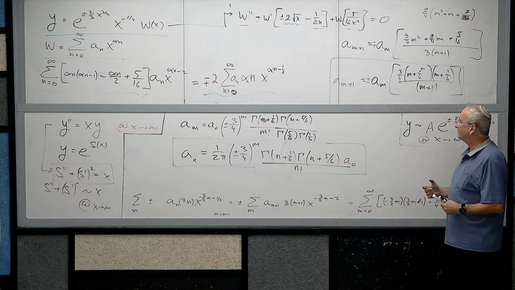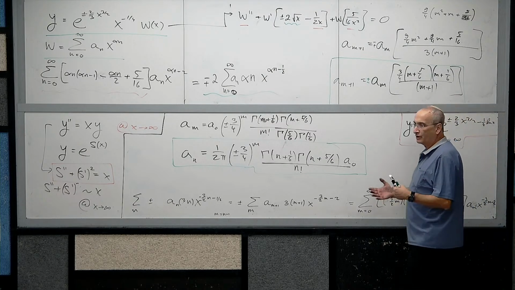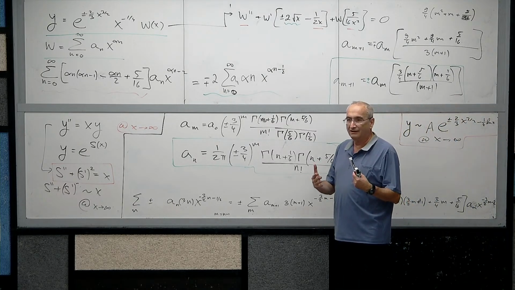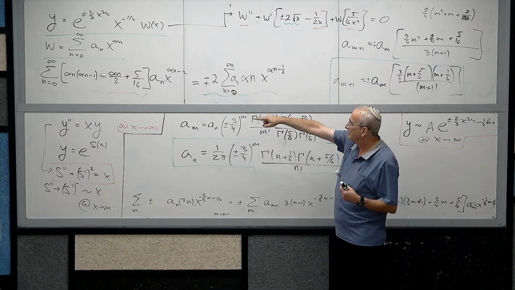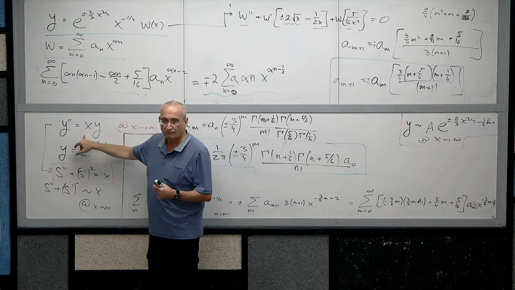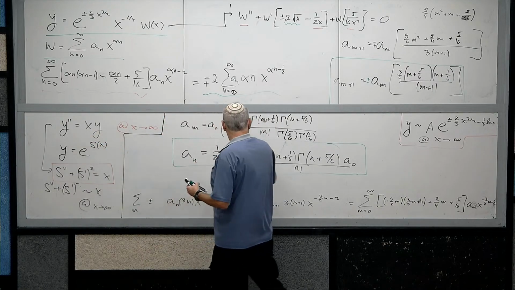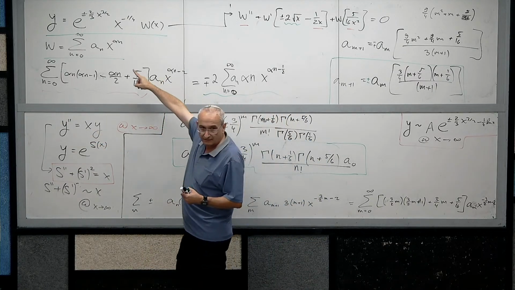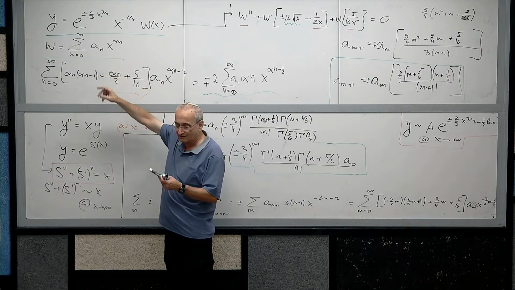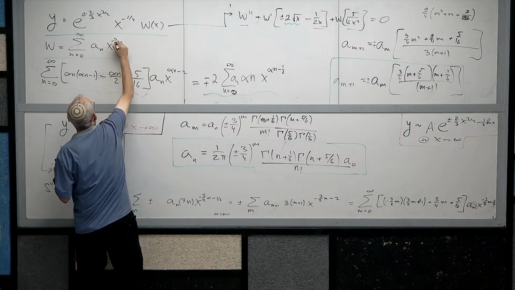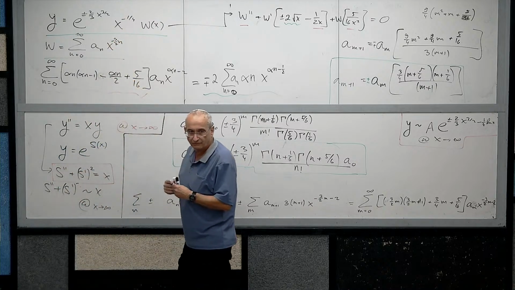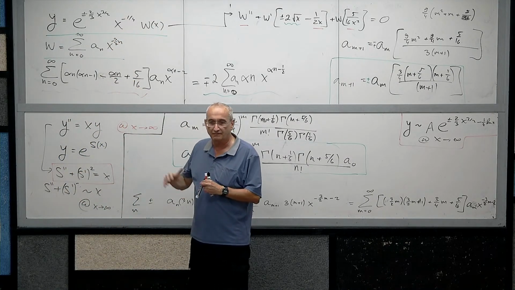So what Itai pointed out is that when we did it for the same equation, the Airy equation, and expanded it around 0, we have a power series that looks very much like that. We know, by the way, that now we have 3 halves here.